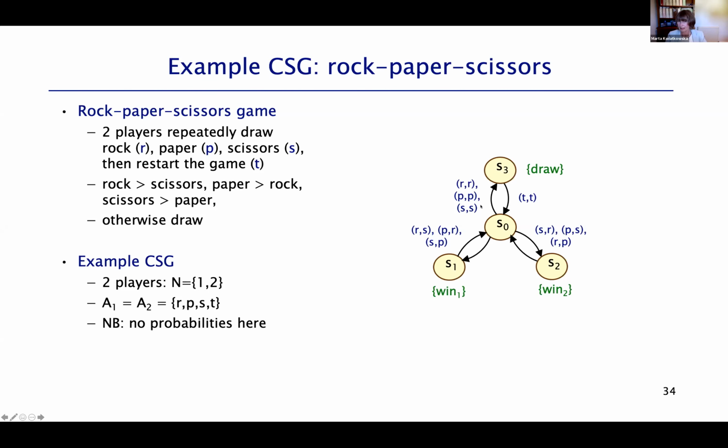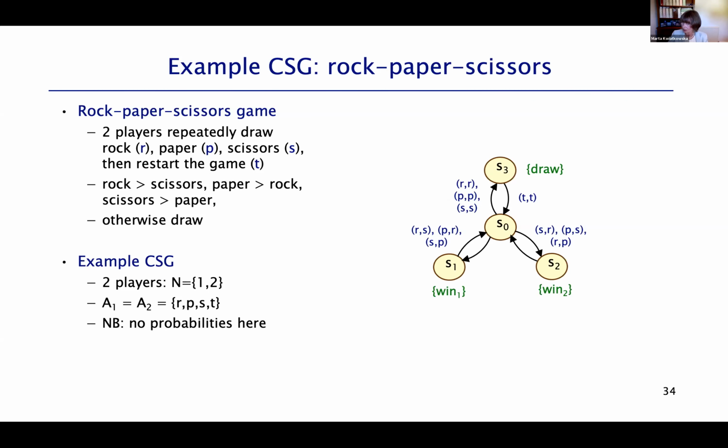And as you can see here, rock, rock is a draw, but player one wins if it chooses paper and the other one chooses rock, and so on.